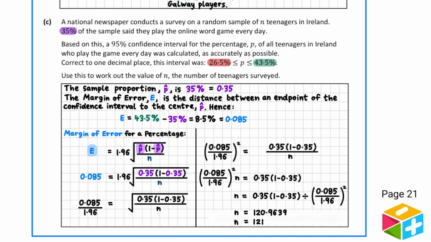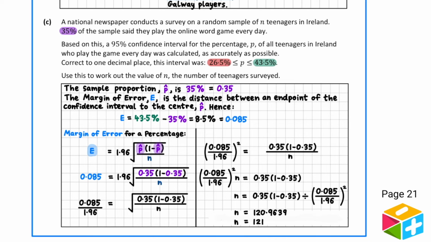We can compute the margin of error by finding the distance between the upper bound, 43.5%, and the centre point, 35%. This gives us 8.5%, which as a decimal is 0.085. Alternatively, we could have found the distance from 26.5% to 35%, and we would have got the same answer.